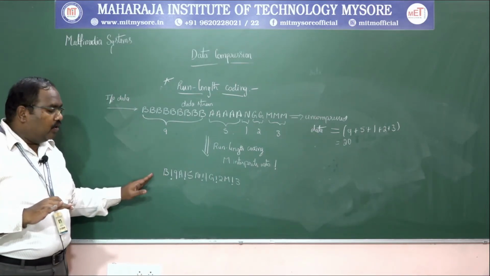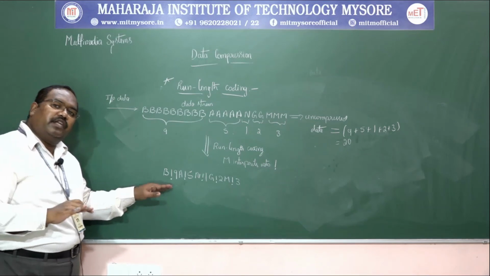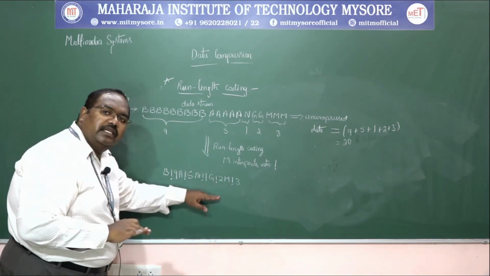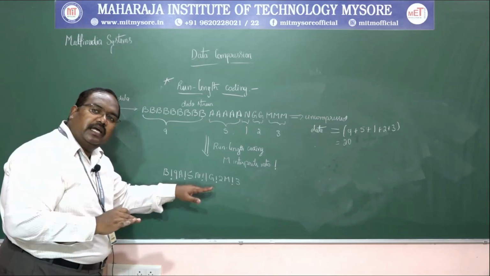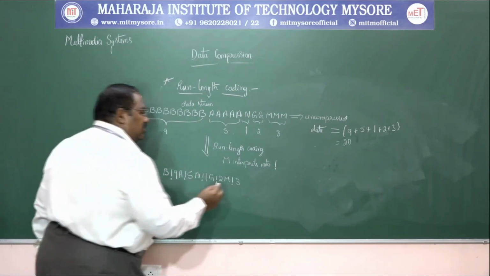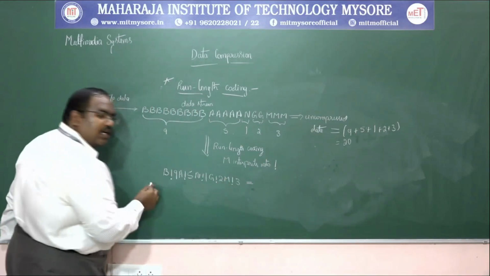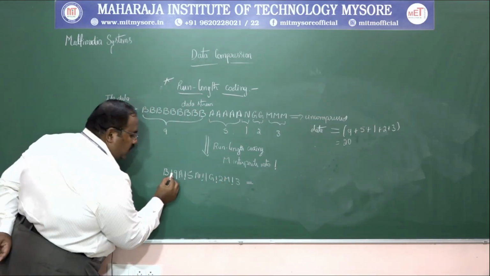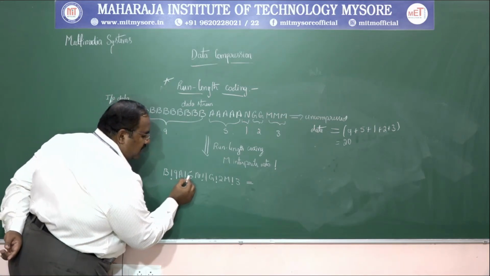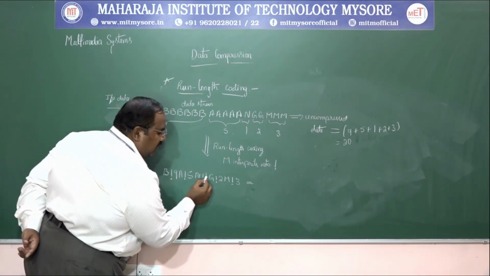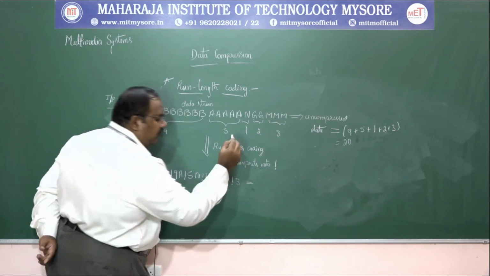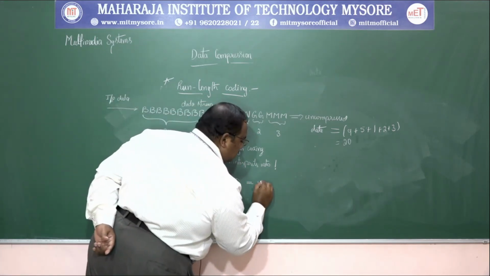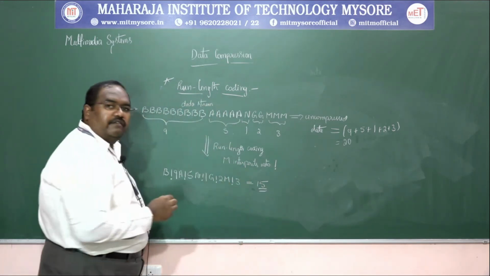Now let us look at how many bits of information are used to store this data after using run length, that is, the compressed data. We will count one by one: 1, 2, 3, 4, 5, 6, 7, 8, 9, 10, 11, 12, 13, 14 and 15. Now look at the difference.